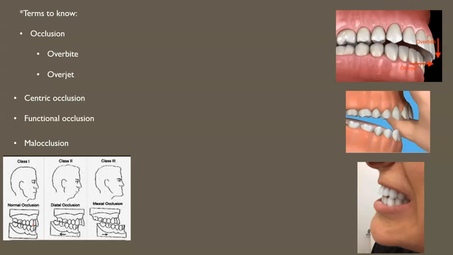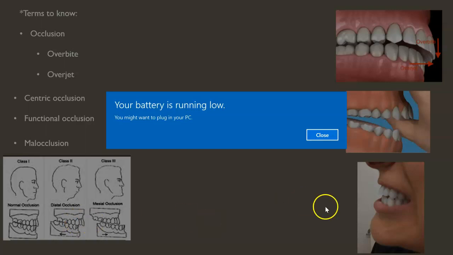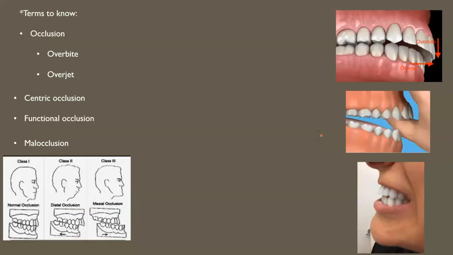So we would still consider it a class 1 occlusion with some crowding occurring, and we would determine where that crowding is. Class 2 is known as a distal occlusion, and again, where they line up is what you want to look at. You can see that the maxillary is going to be more protruded or more forward in conjunction with the mandible.